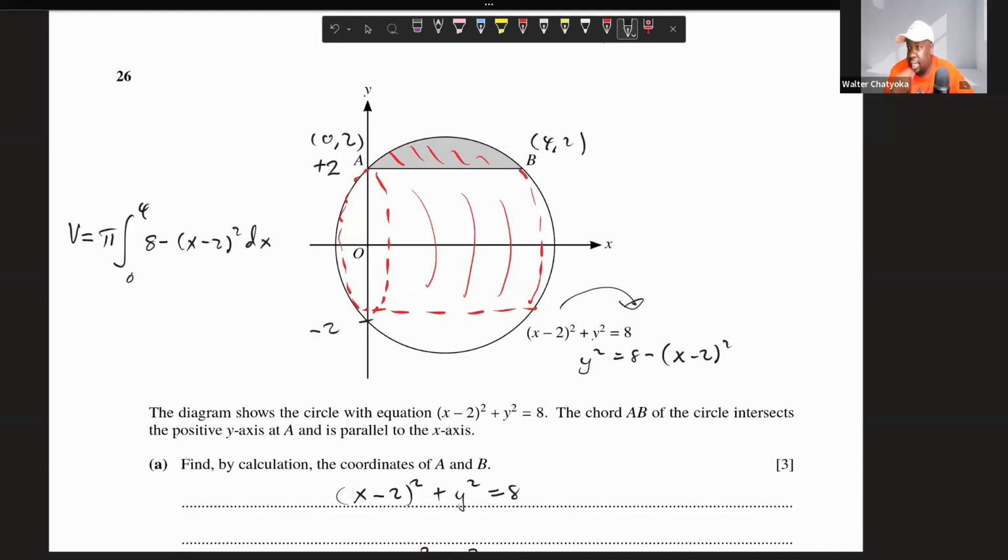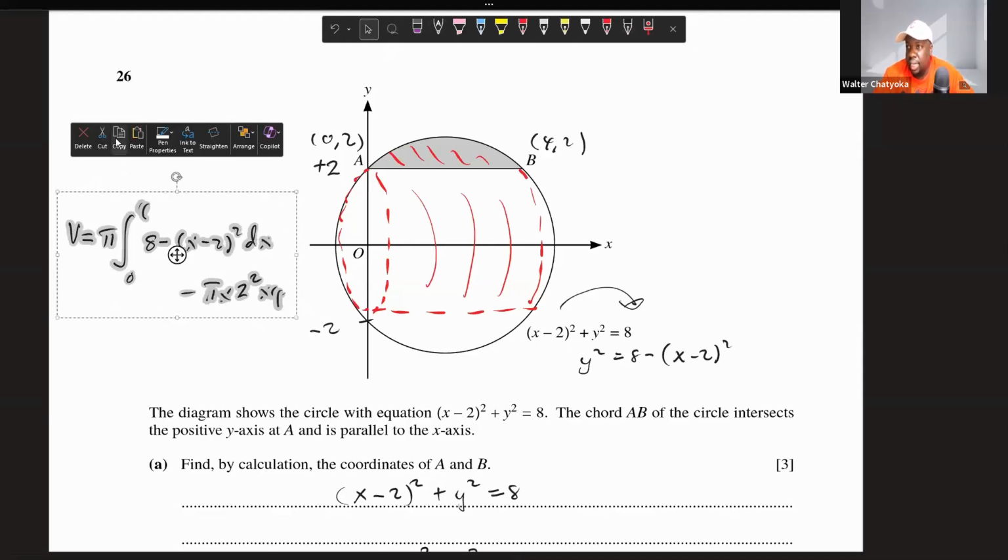And from this, we will also subtract the volume of the solid formed, πr²h, π times the radius. The radius will be this, which is 2. So π times 2² times the height. The height would be from 0 to 4, so it's actually 4. So that is how we set up the calculation of volume.